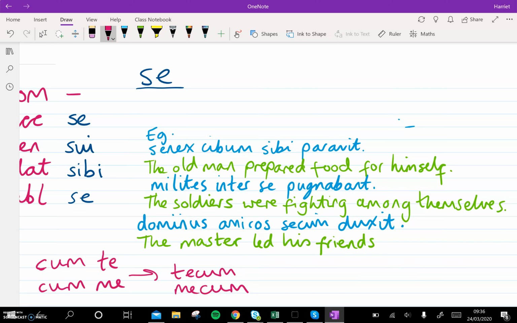Well, the same thing happens with se, that becomes secum. So this one right here, the master led his friends, secum is just like cum se, so with. And here, if you think about it, you don't really need to say with himself, because that doesn't really sound very good in English. The master led his friends with himself. You can just say the master led his friends with him. It means exactly the same thing.